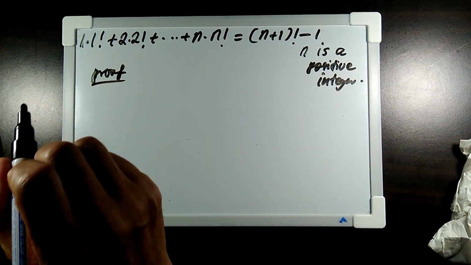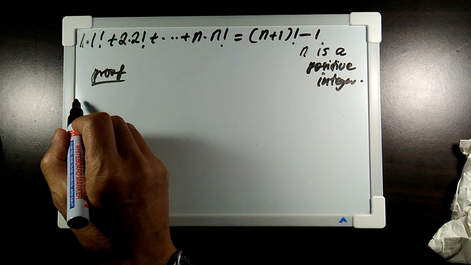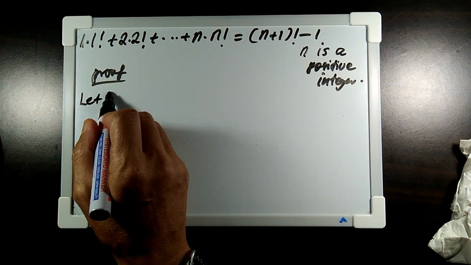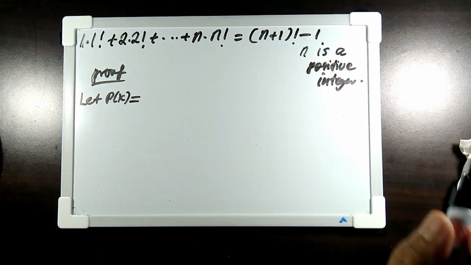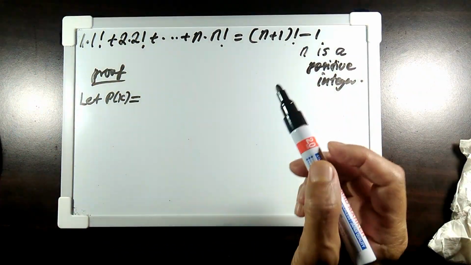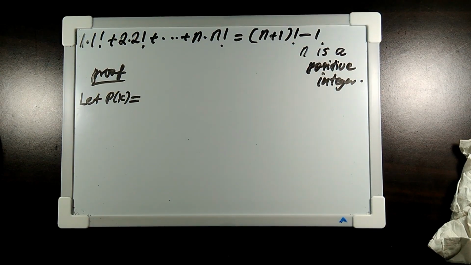Now before we go to step number 1, we have to let first Pk equal to this statement, but whenever we see n, we replace it by k.